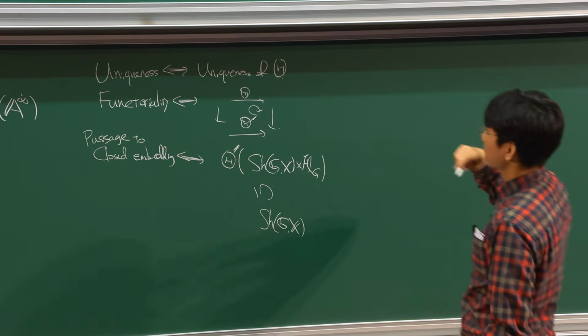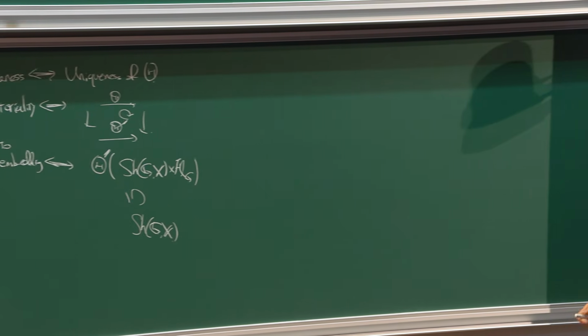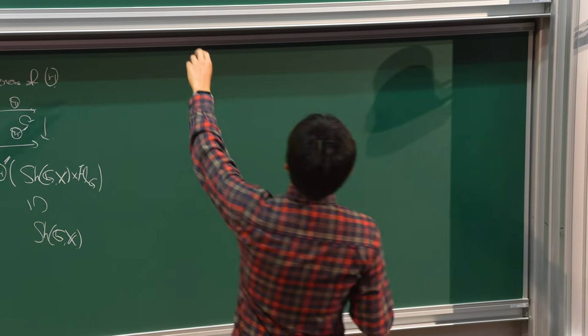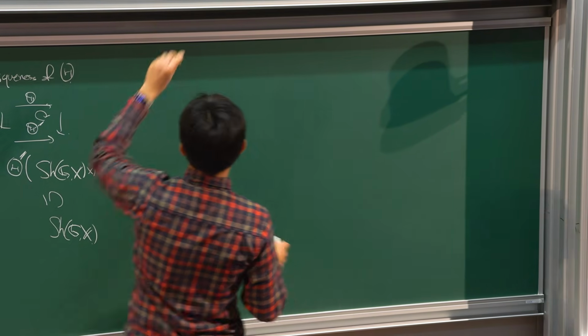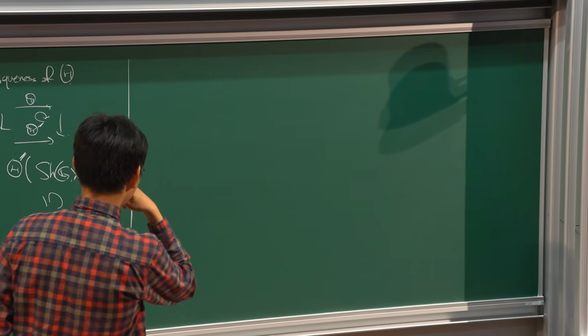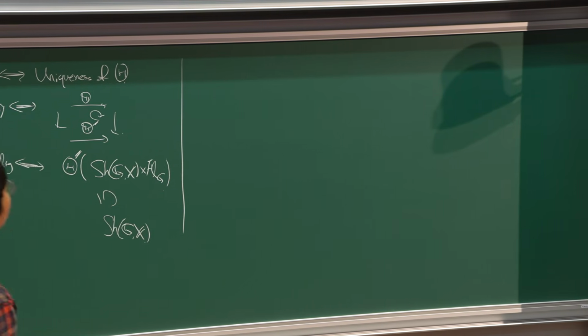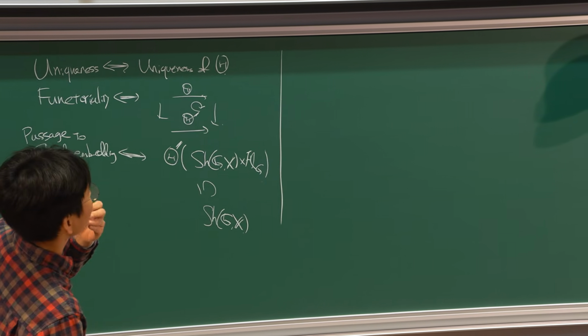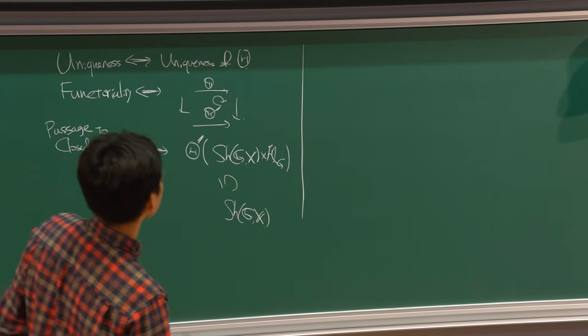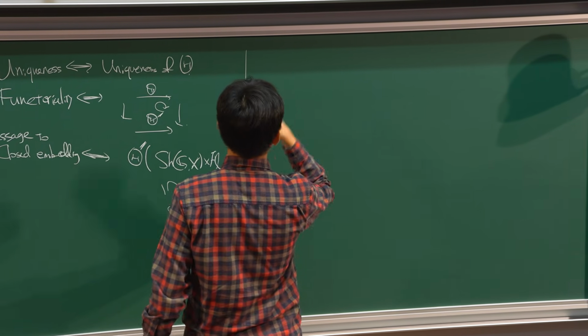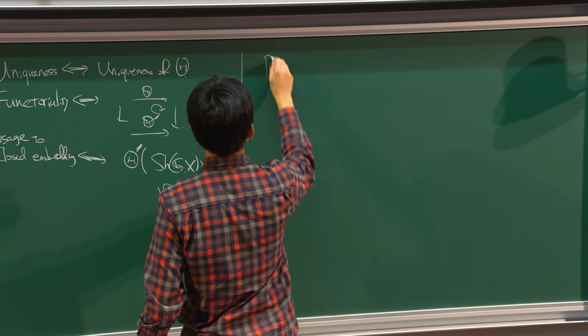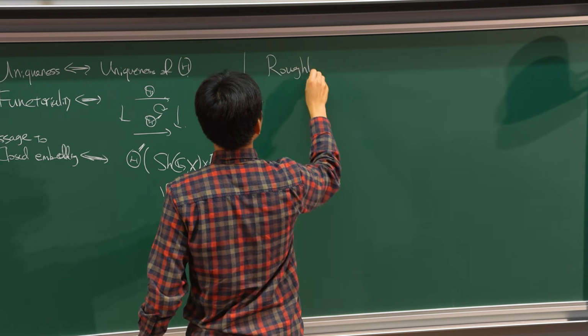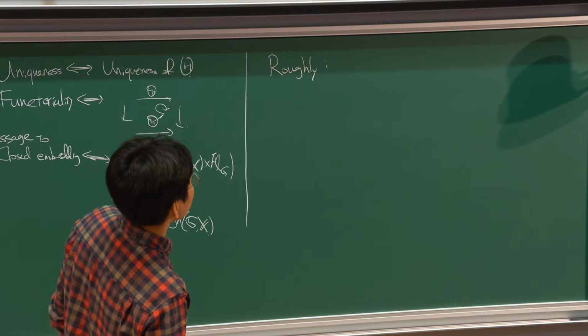Okay, right, and why do I call this a uniformization? So, in Mingja's lecture, she only worked at the good reduction locus, but let's do that as well. Roughly, what is theta doing?